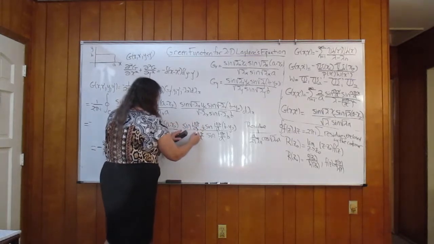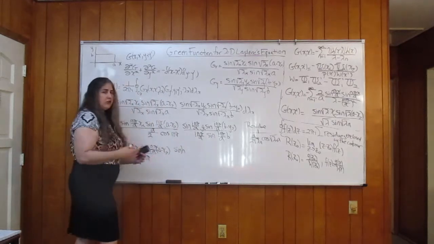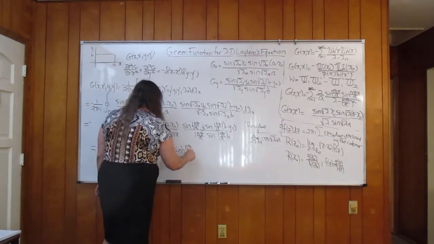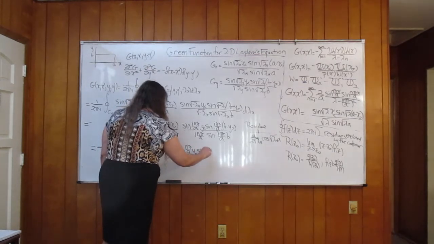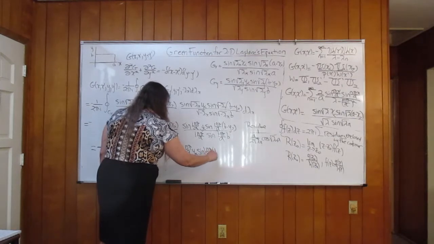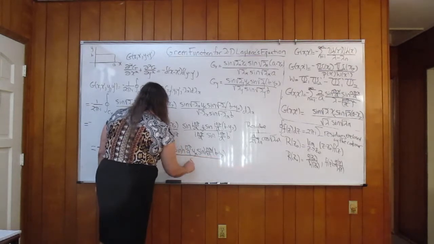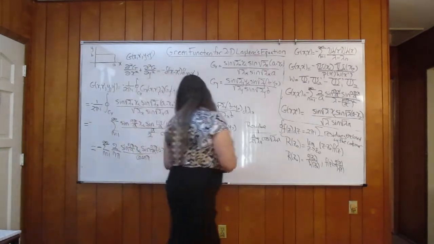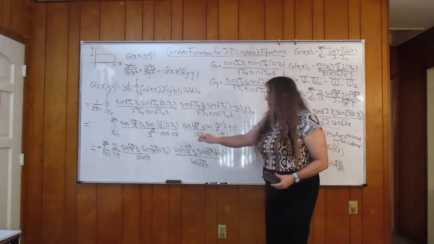But I'm going to have an additional i out here, and i down here, and i down here. And those all are going to cancel each other out. So let me read this off. We're almost there, not quite. Just got a little bit more manipulation to do.